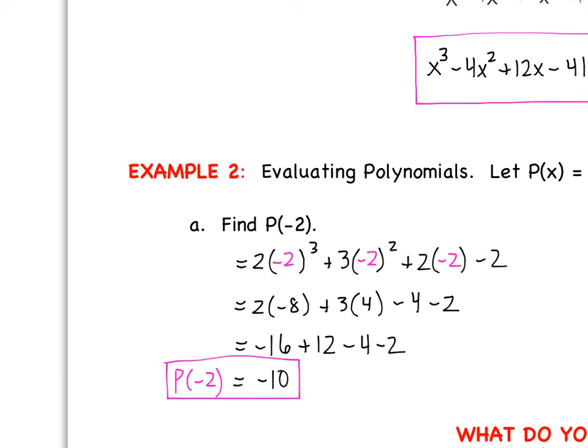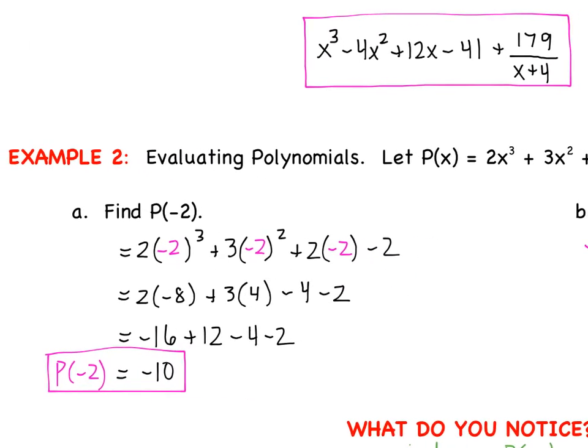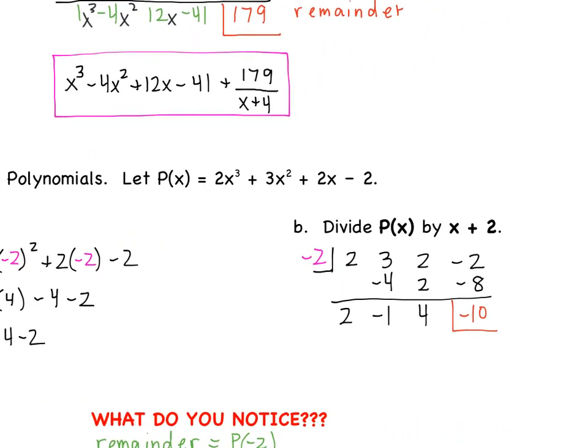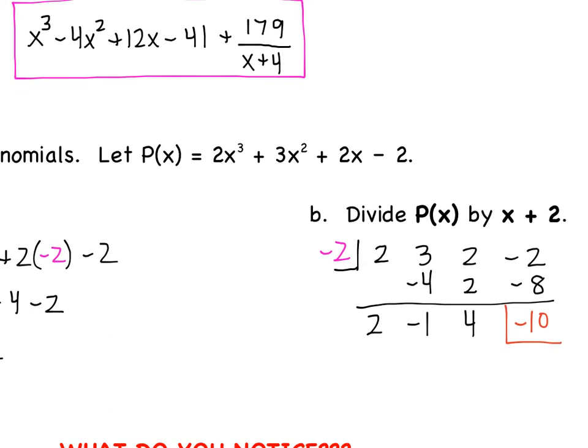But let's take a look at how we can use synthetic division to help us, or simply synthetic substitution, okay? So another way we can do this is by saying, well, what if we divide by x plus 2? So negative 2 goes in the box.